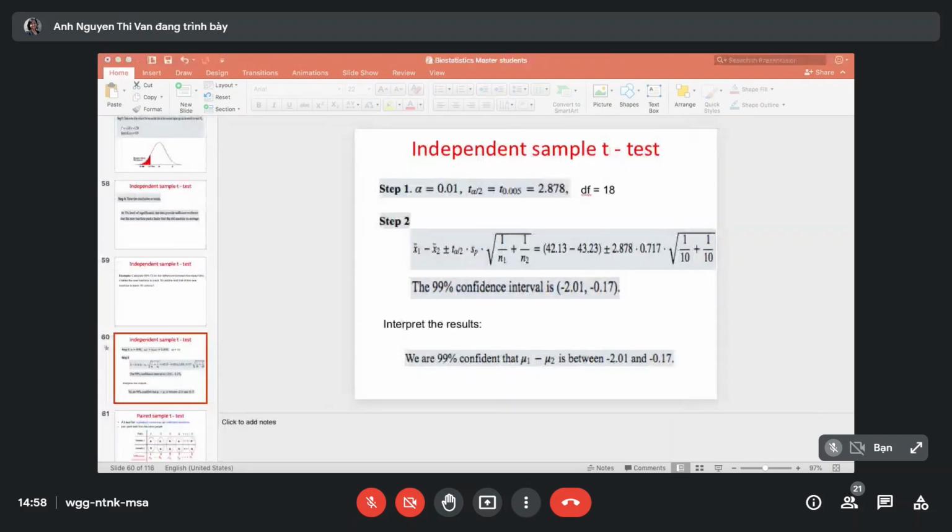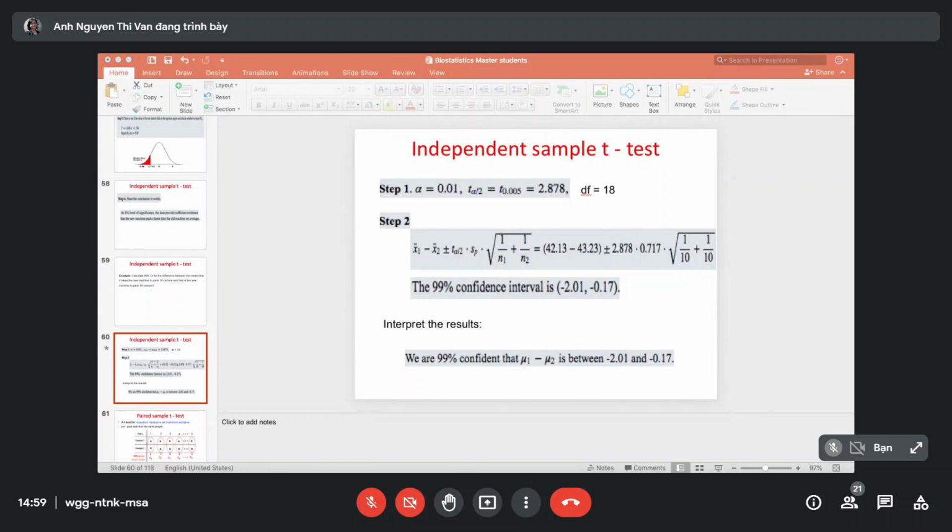Okay, so I ask once again if you remember. Nguyễn Hoàng Quân Anh, can you tell me again what are the assumptions that you need to check if you want to do an independent sample t-test?